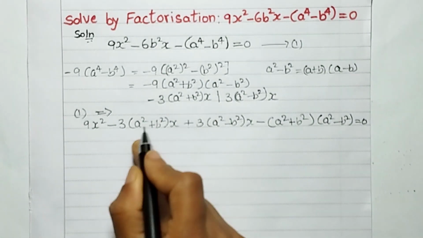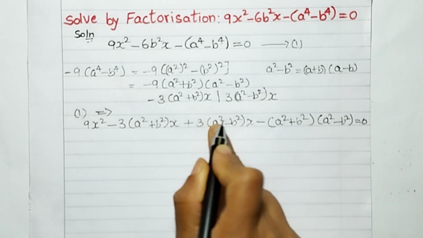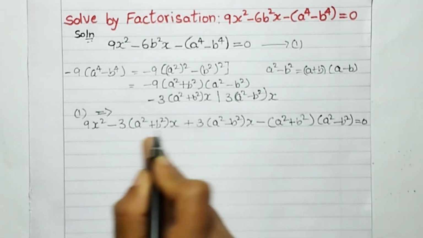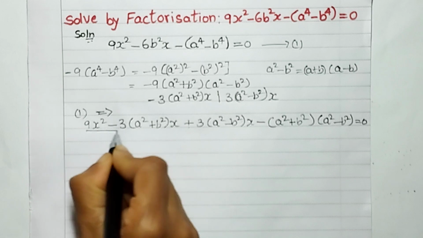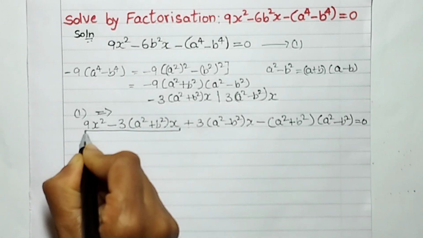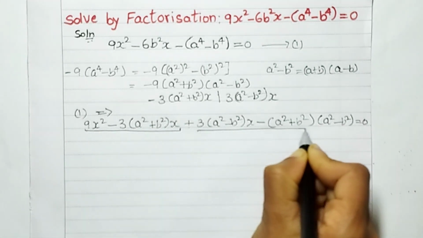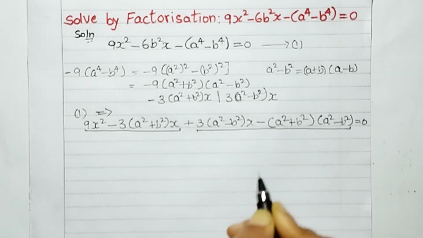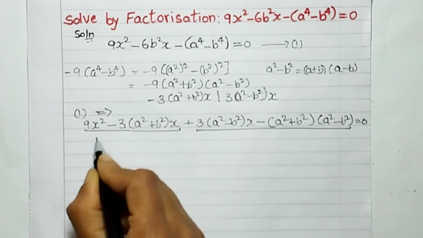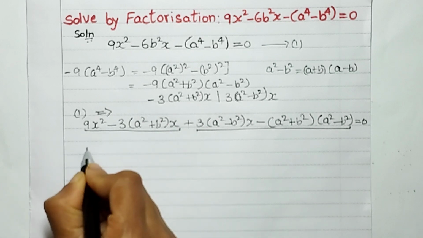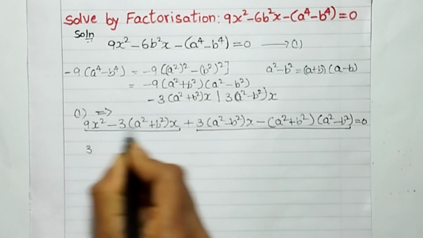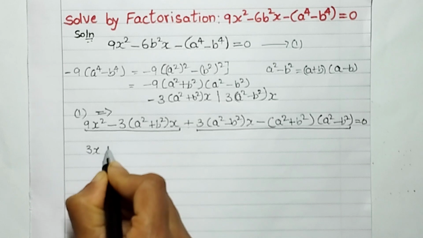Now there are four terms here. Take common factors for the first two terms and the next two terms. The common factor for the first two terms, 9 and 3, is 3; for x² and x it is x.